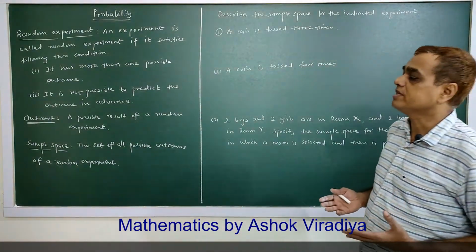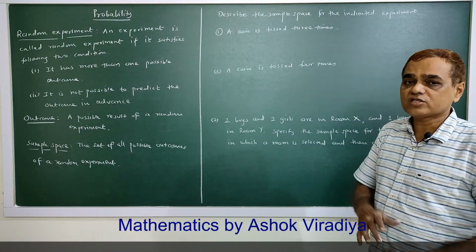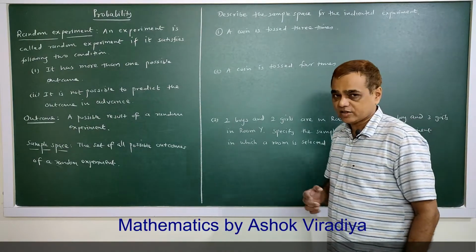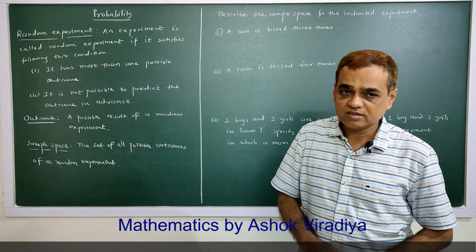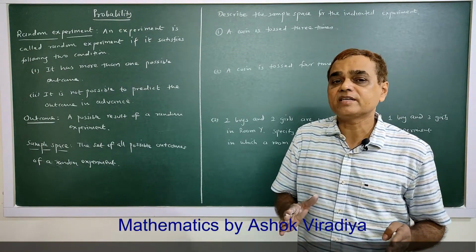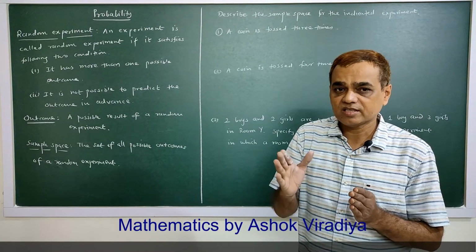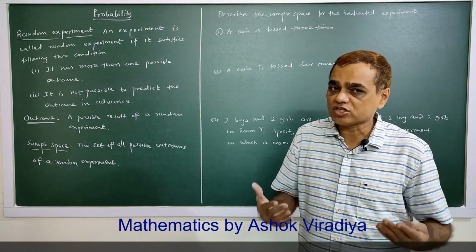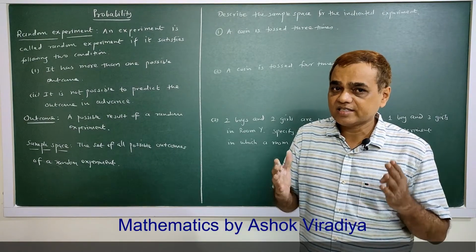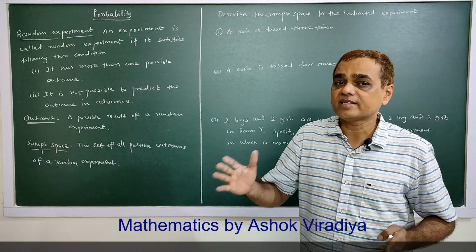When a coin is tossed once, the sample space contains only two outcomes, H and T. If a die is tossed once, the sample space contains six outcomes, like that.